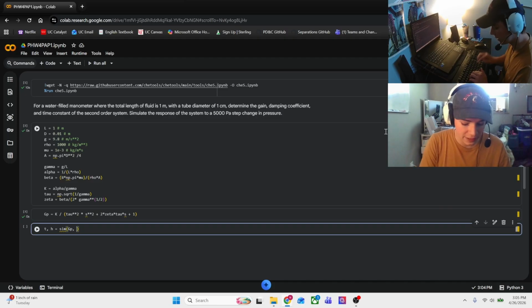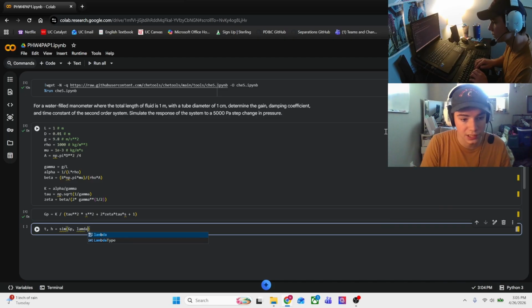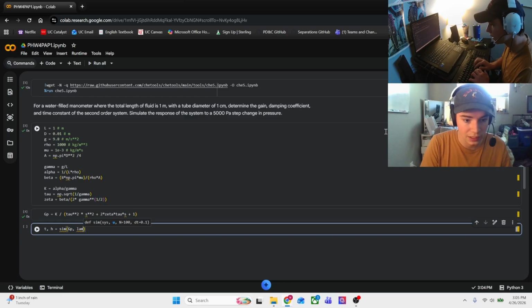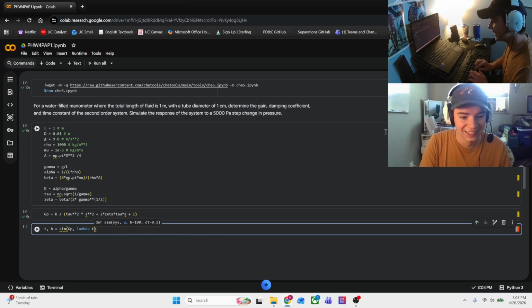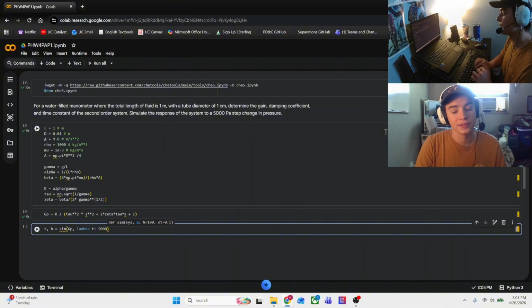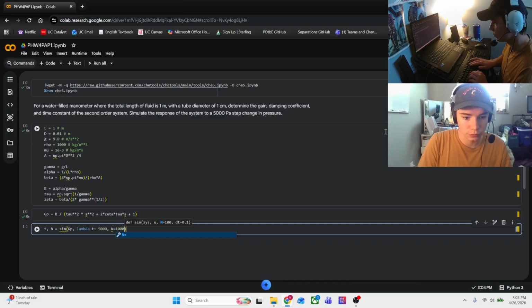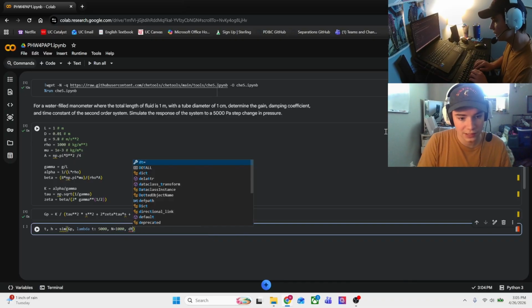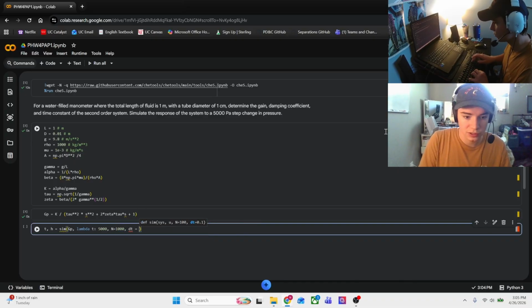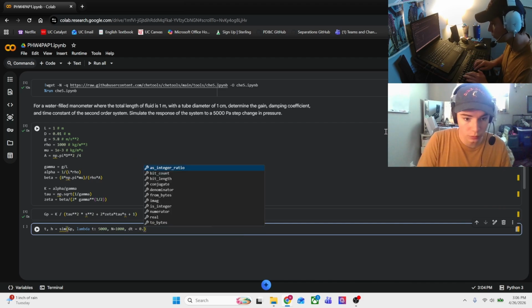So we're going to define that now by saying our lambda, our step change, lambda, there we go, T is going to be 5,000. That's going to be our 5,000 Pascal step change. Then we're going to have n equal to 1,000, and our dt, time step, I'm just going to set that equal to 0.1.